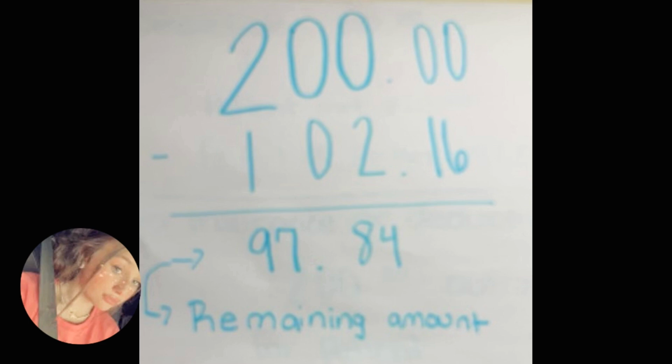And so they're willing to take $102.16, which comes to an amount of $97.84, which will be offset by the deductible that I'm about to go into. But that's just the simple problem that sets the whole scene for the next few parts.